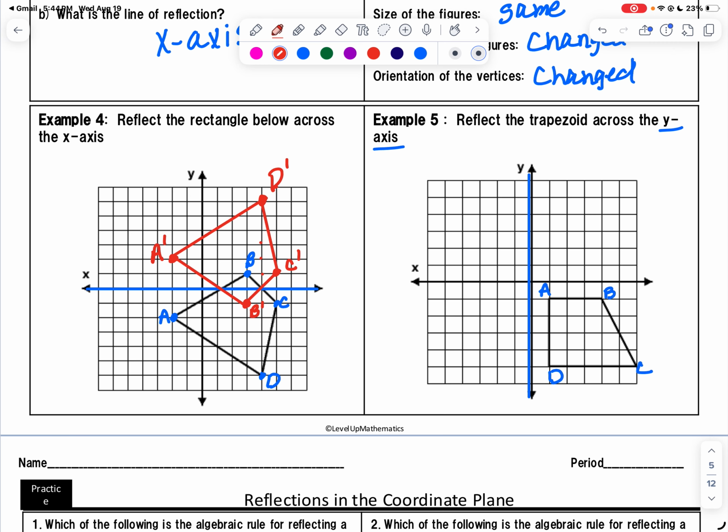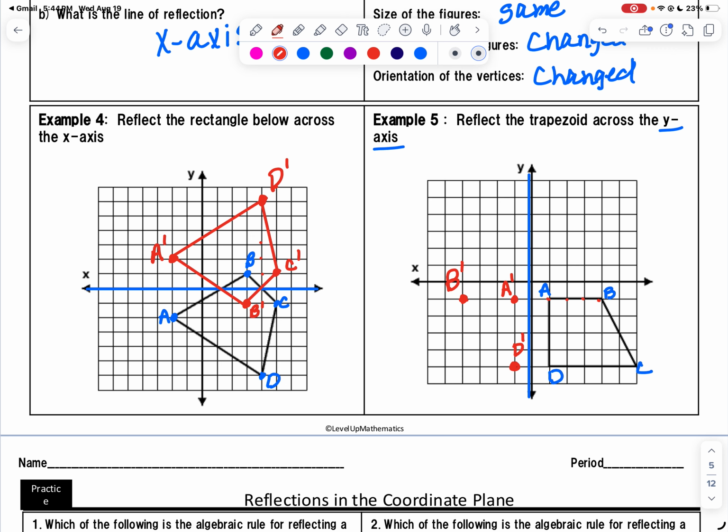So I'll start with point A. It's 1 unit to the right, so A prime must be 1 unit to the left. Point B is 1, 2, 3, 4 units to the right, so it must be 1, 2, 3, 4 units to the left. Point D is 1 unit to the right, so it must be 1 unit to the left.